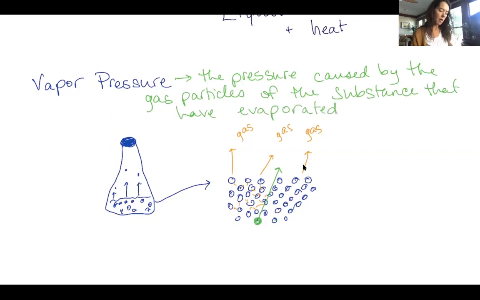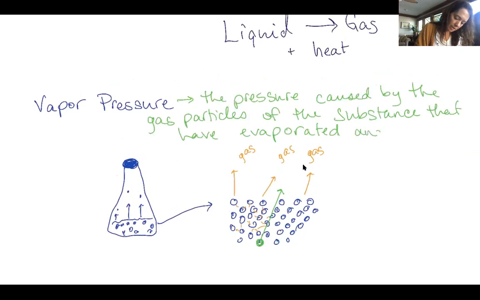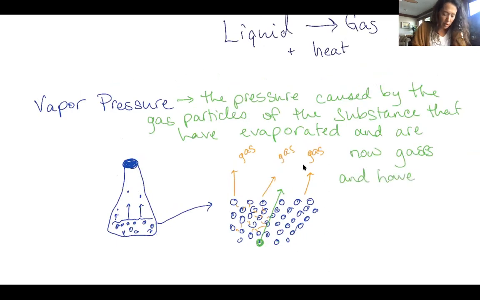So the ones on the top that have evaporated and are now gases have a pressure, because gases exhibit a pressure. They collide on the walls of their container, thus causing a force hitting on the walls of the container, and that's their pressure.